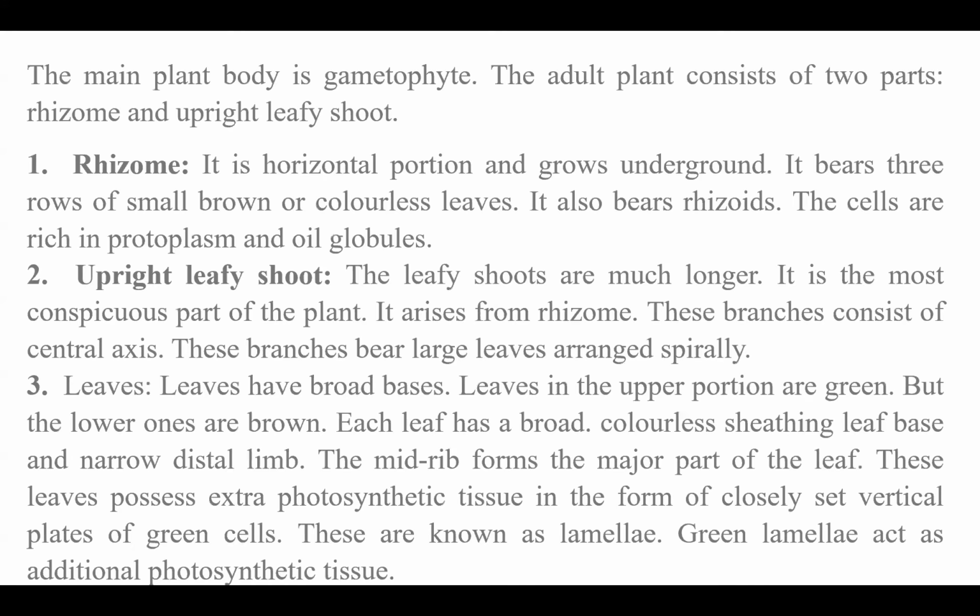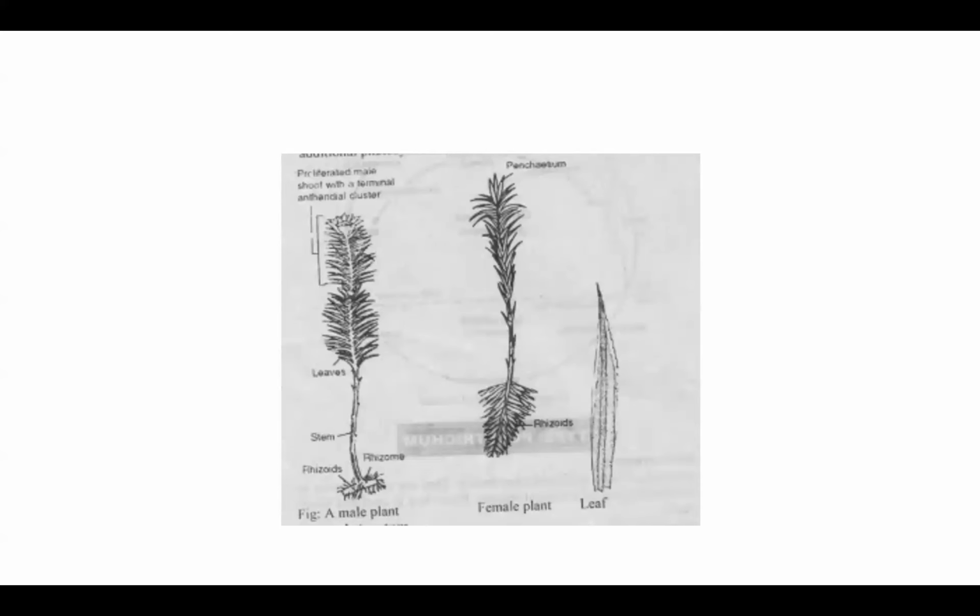Here the plant body of Polytrichum, since it is a bryophyte, is a gametophyte. This gametophyte has an underground rhizome with rhizoids, and an aerial part, the aerial stem-like structure, above which spirally arranged leaves are present.